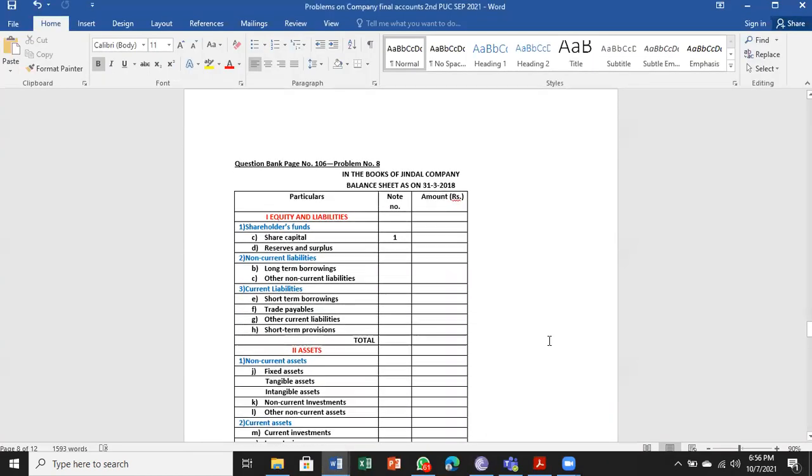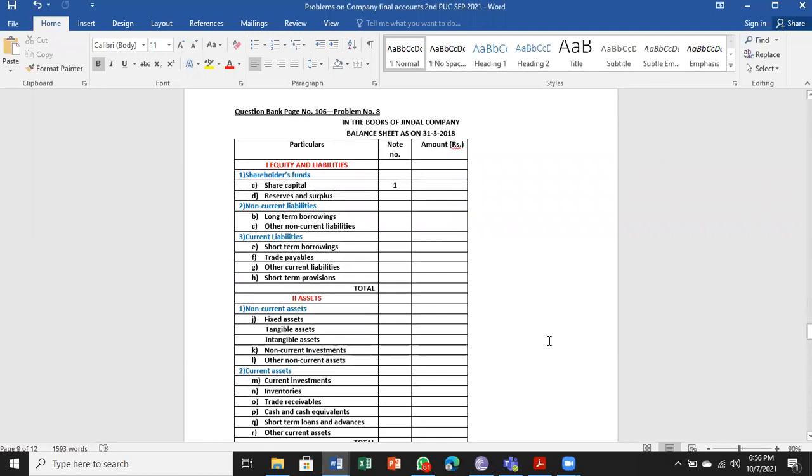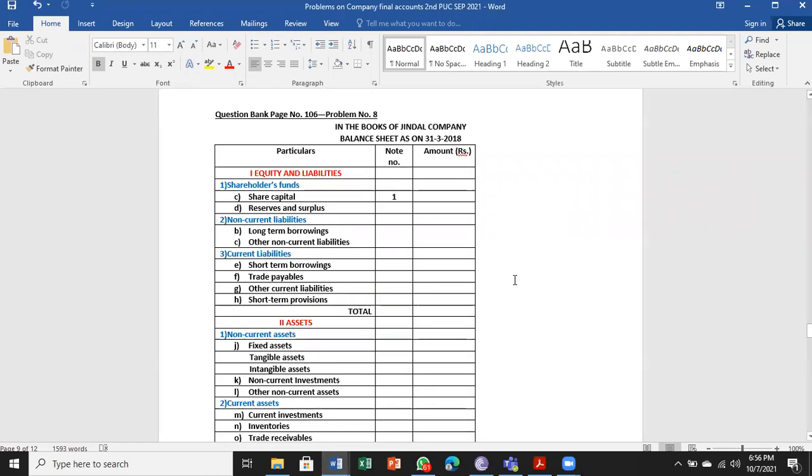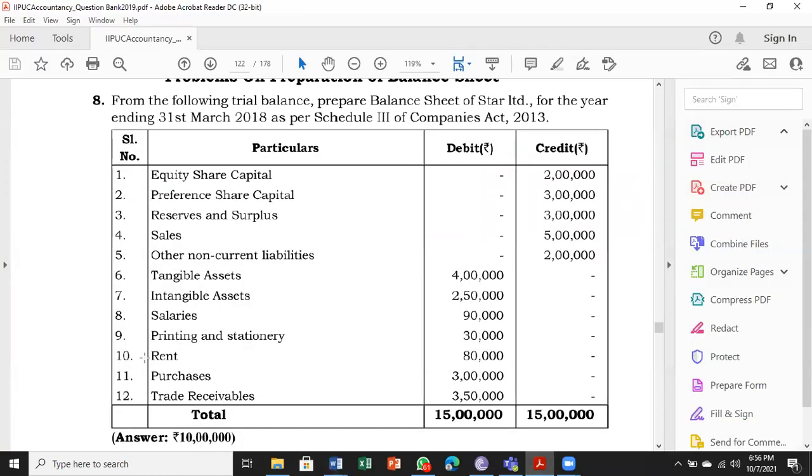If you have any doubt, you can definitely ask me meanwhile. Sir, the rent one, what you told, can you repeat? Yeah. Rent, see, the amount is on which side, debit or credit? Debit. Debit means rent paid, an expense. If the amount 80,000 is on the credit side, that becomes rent received.